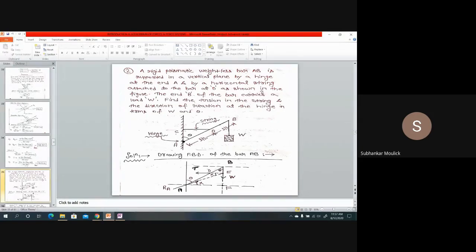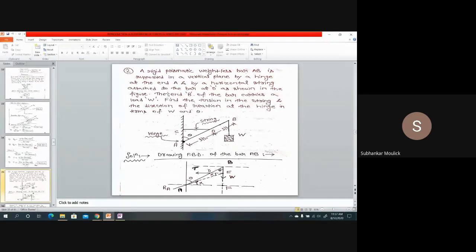That means the bar is inclined with the vertical plane by an angle theta, supported by a hinge at the end A. That means this bar AB is connected with the vertical wall at point A through a hinge. I have told you in the last class what a hinge is and how to draw the free body diagram for a hinge.